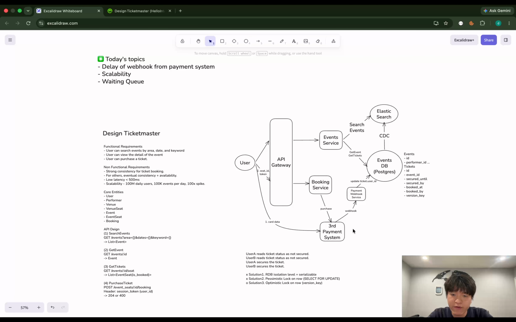So the payment system makes a webhook call to our payment webhook service, and in that way we can know that the user made the payment. But there is one thing I'd like to mention about this.